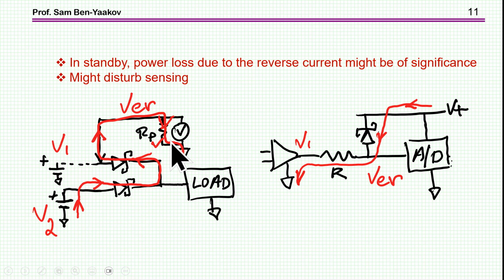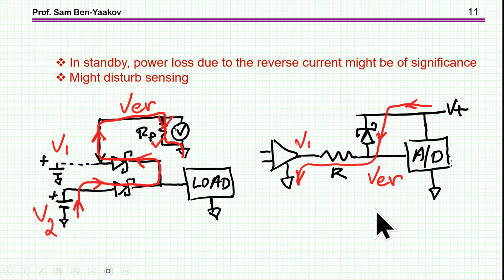If you put here a voltage sensing device, which will usually have a high internal resistance, you will find that there is a voltage here, because of the current. There is an error voltage here. It's supposed to be nothing, but it is not. You have the voltage imposed by the reverse current here.